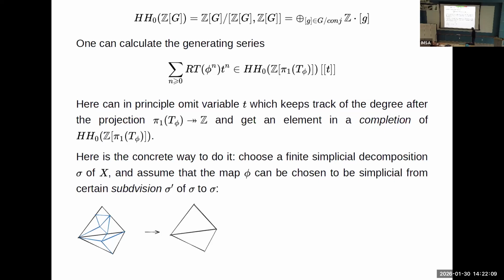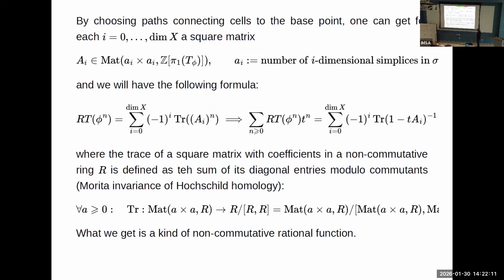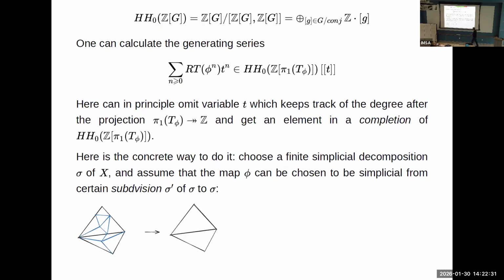And then one can do the following. Suppose I have some reference point. For each cell, I choose a homotopy type of path to the reference point. Then what will happen?